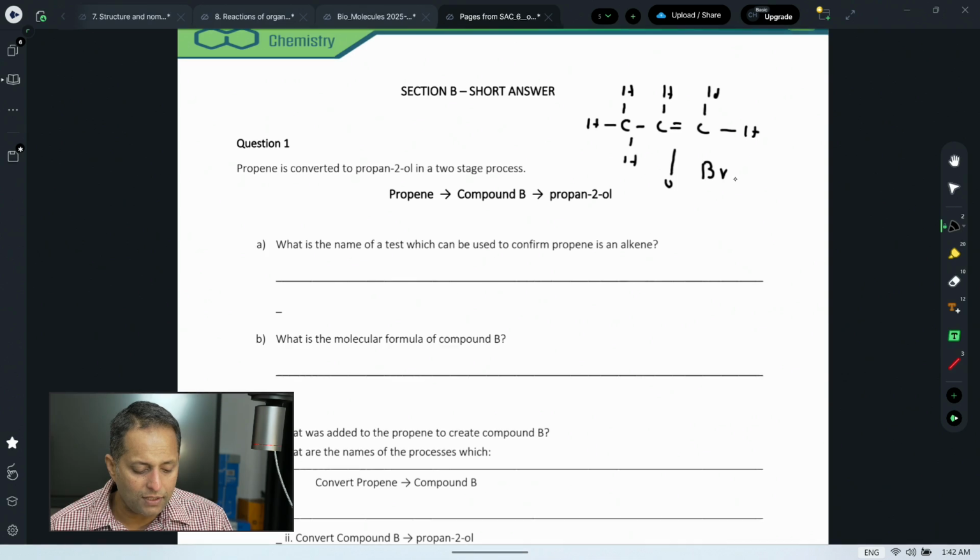Bromine has got a unique color, which is reddish brown. So look what happens when you add bromine into an alkene. There will be an addition reaction.